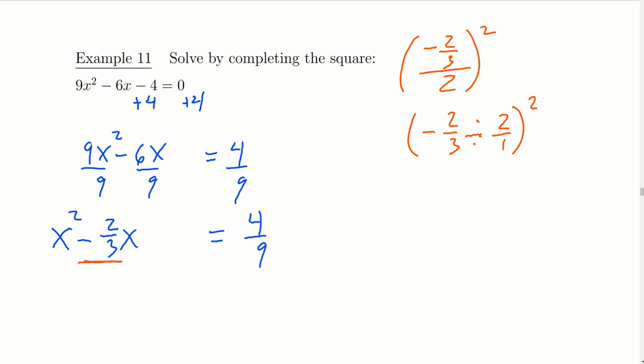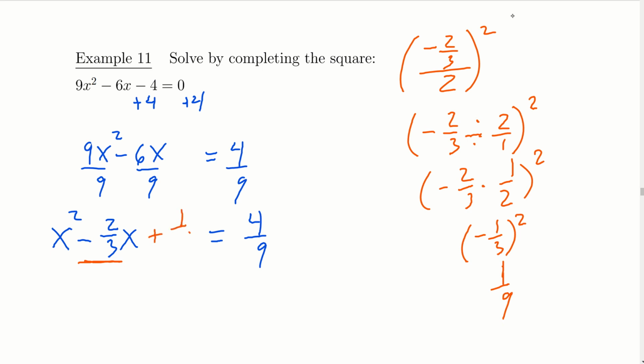That's 2 over 1. To divide with fractions, we do keep, change, flip. Negative 2/3 times a half would give us negative 1/3. And then negative 1/3 squared would be positive 1/9. So the completing the square number we need is positive 1/9.